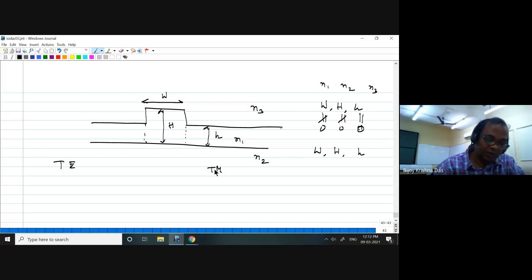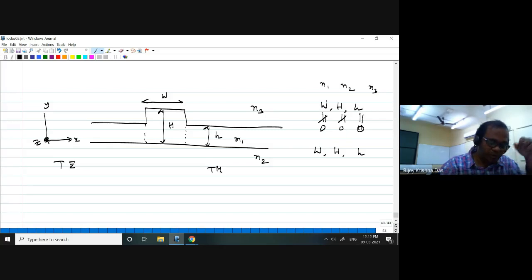And one thing you should also keep in mind: maybe we can define the axes also. This is x, and this is y, and this is your z, the propagation direction, the waveguide direction. That means the waveguide axis is parallel to the z axis.